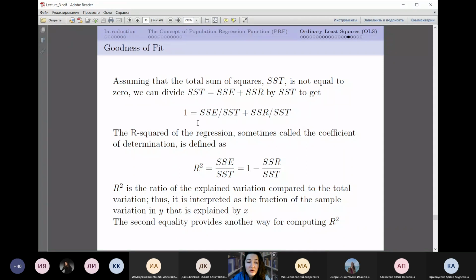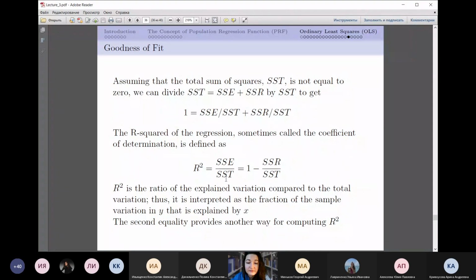So the R squared of the regression, and sometimes we call R squared the coefficient of determination, is defined as the explained sum of squares divided by the total sum of squares.